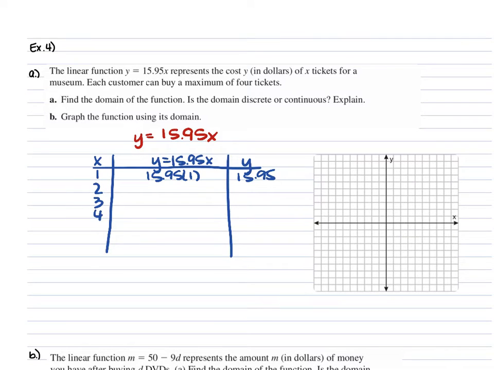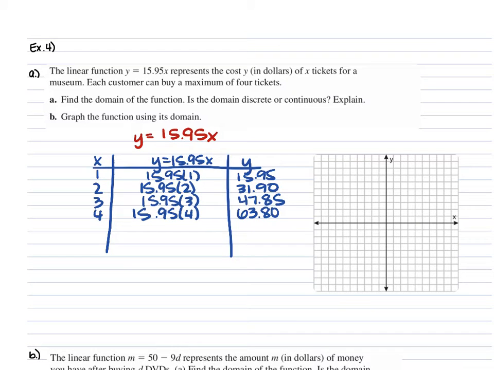If you multiplied it by 2, we get 31.90. 15.95 times 3 gives us 47.85. And then 15.95 times 4 gives us 63.80. So with this, you got to think to yourself, is this discrete or continuous?